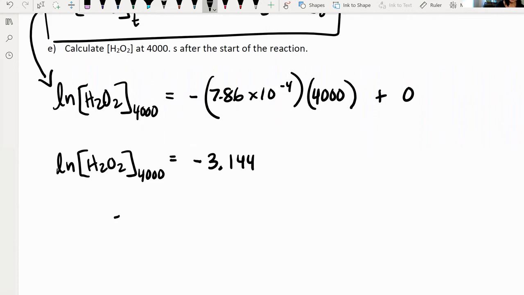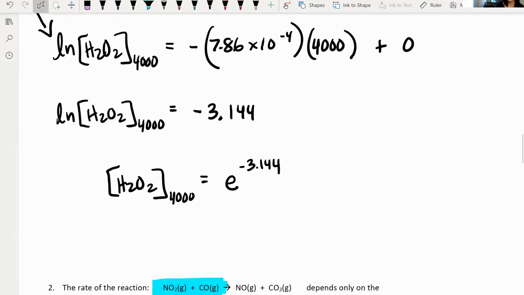So the concentration at time 4,000 will be equal to e raised to the power of negative 3.144. And so you need to type this into your calculator. Your e button, if you're using a TI graphing calculator, it's second ln.